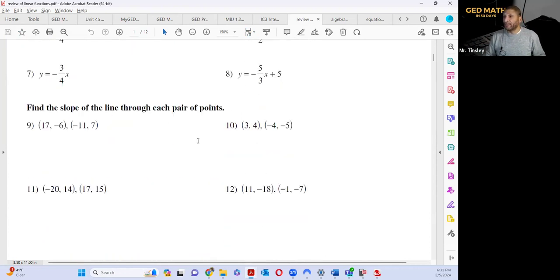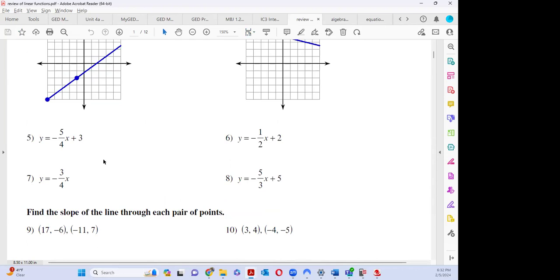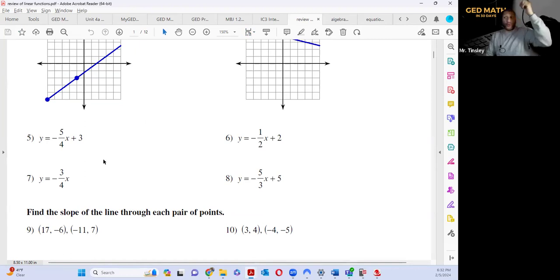For example, you should know from these equations, this is slope-intercept form. You should know slope is -5/4, y-intercept 3. Slope is -1/2, y-intercept is 2. Slope is -3/4, y-intercept is 0. Slope is -5/3, y-intercept is +5. If you can't see that right away, then you don't know it.